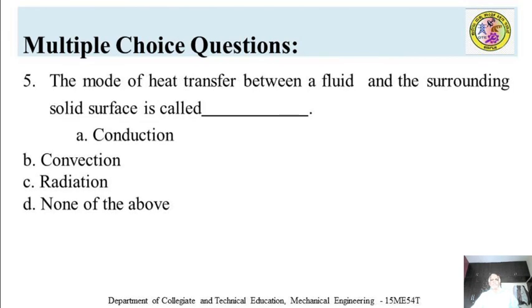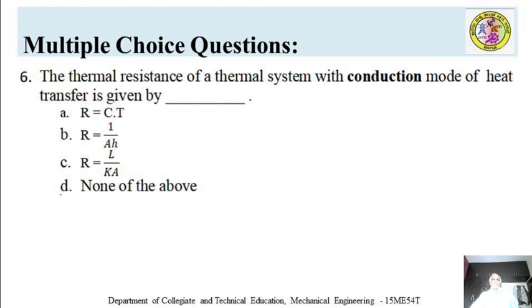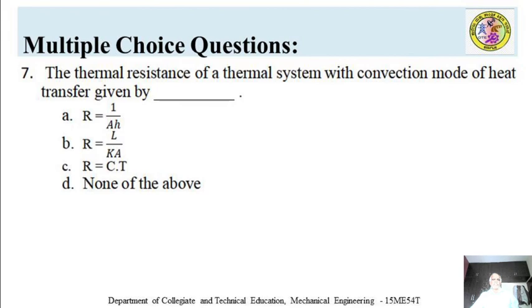The mode of heat transfer between a fluid and the surrounding solid surface is convection. Thermal resistance with conduction mode of heat transfer is given by R equals L by KA. Thermal resistance with convection mode of heat transfer is given by R equals 1 by AH.